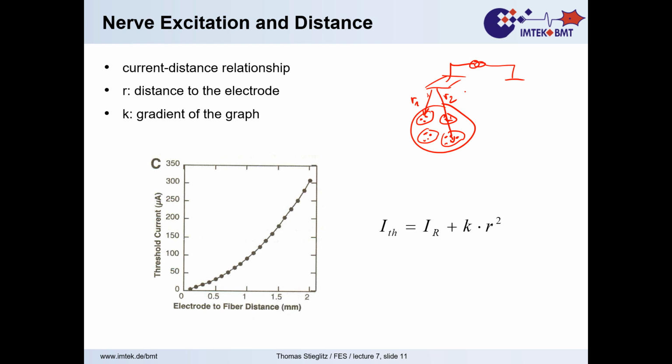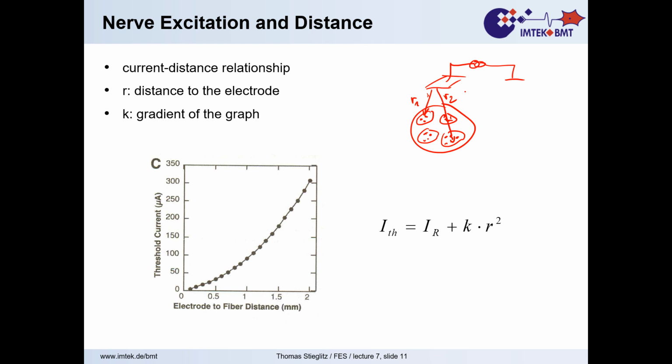And therefore, I would need a different excitation threshold for axon 1 than I would need for axon 2. And this is unfortunately not linear. And the more the distance is, the higher that is, and it goes with an exponent of 2.